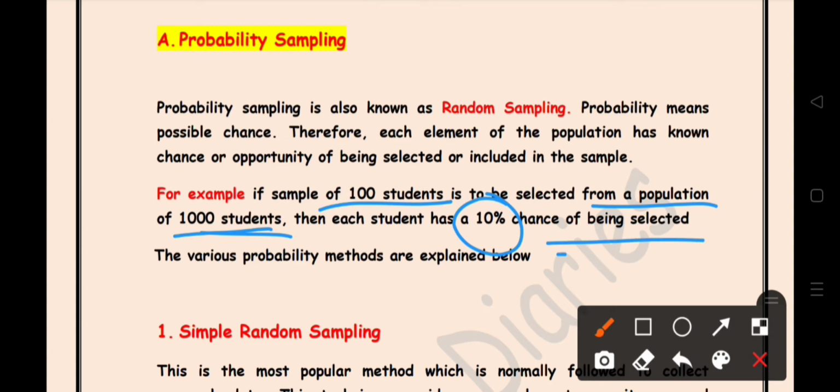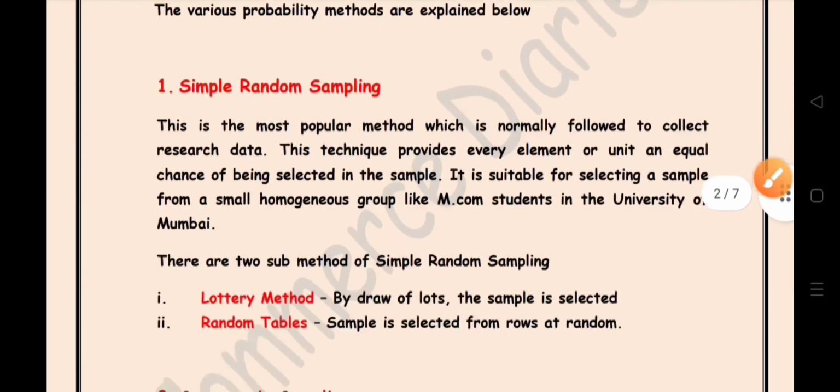So if we have a population of 1000 students and out of that we have to select any 100 students, each individual student will get a 10% chance of being selected for this probability sampling.